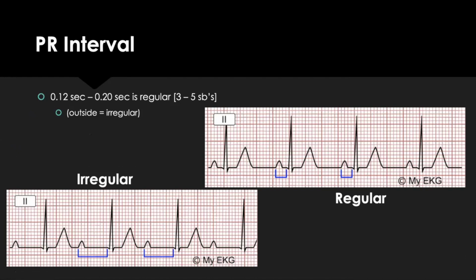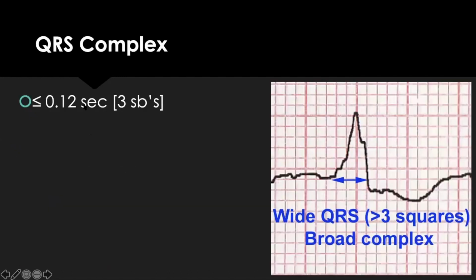To determine whether or not a PR interval is regular or irregular, regular is between 0.12 seconds and 0.20 seconds, which is basically 3 to 5 small boxes, and anything out of that range is irregular. QRS complex, if it's greater than or equal to 0.12 seconds or 3 small boxes, then it's a wide QRS.